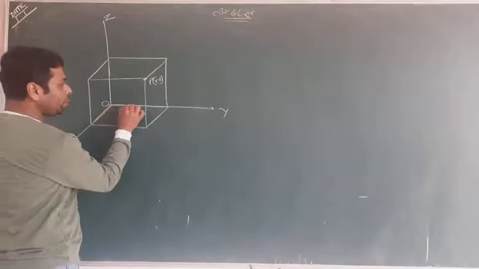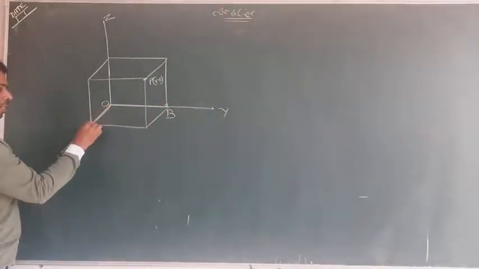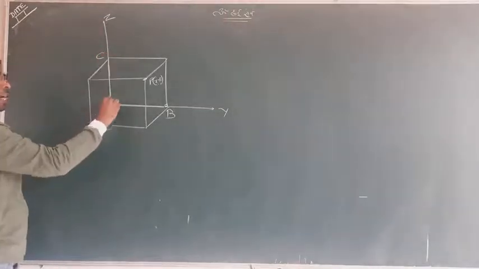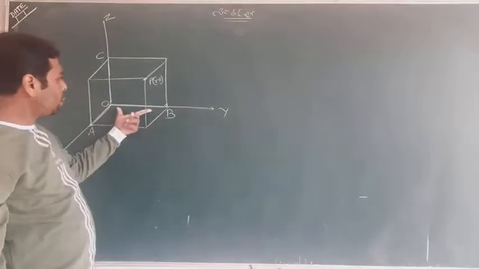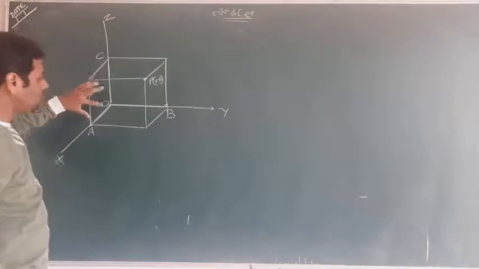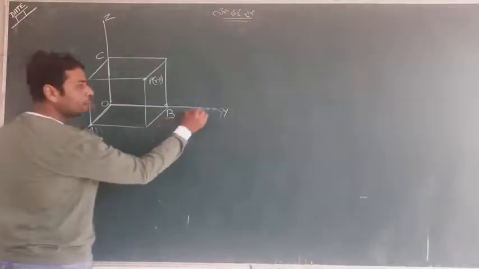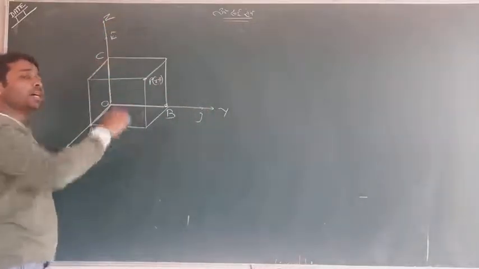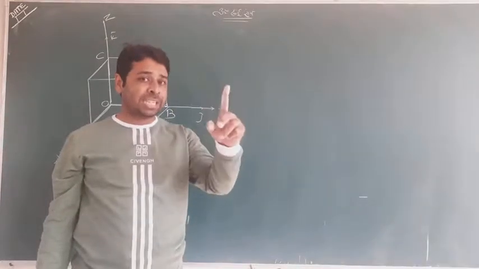This distance along y is y, suppose it is B. This distance along x is x, it is A. Suppose it is C, and this is z. So along x I have taken i cap, along y I have taken j cap, and here I will take k cap. These are unit vectors taken along these three perpendicular axes.